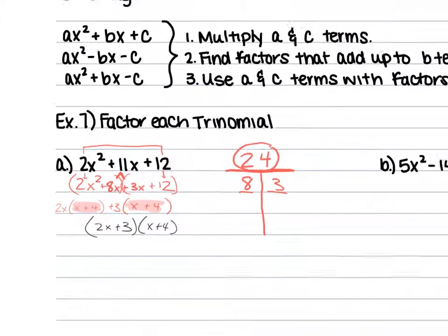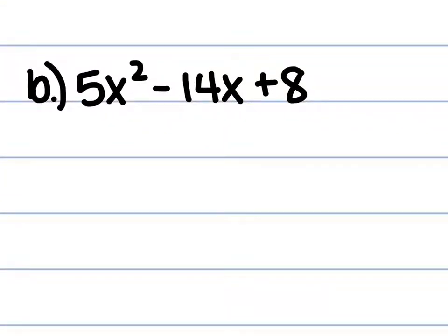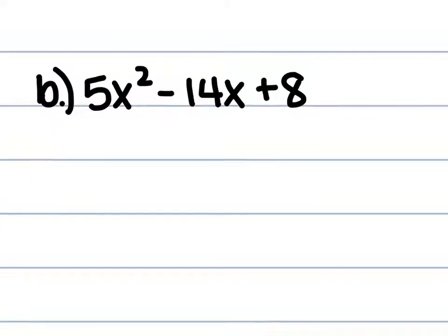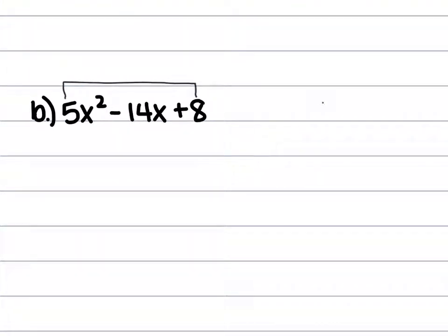All right, let's move on to B. Okay, notice that leading coefficient, that number right up front, is not 1, and these are not square numbers at the beginning and the end, and they have nothing in common. So I'm going to go, okay, well, this is that last situation where I'm going to multiply the first and the last together. What is 8 times 5? 40.